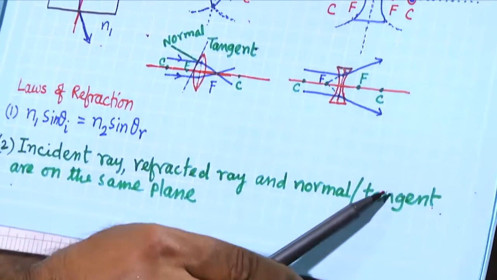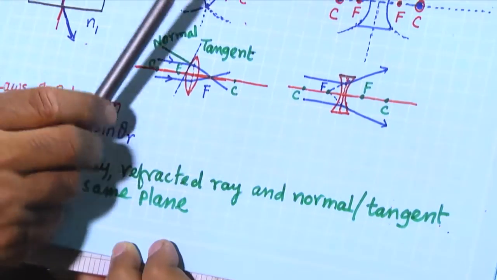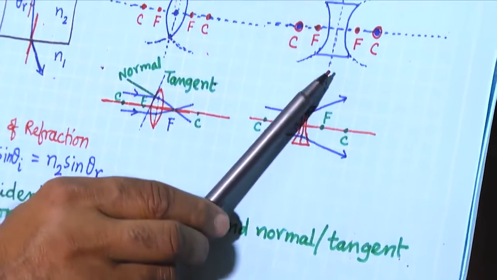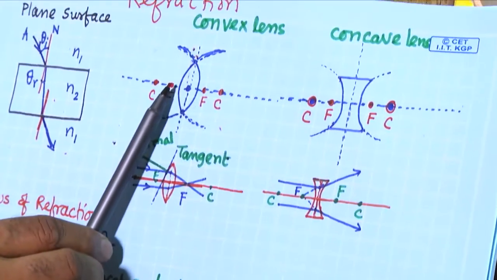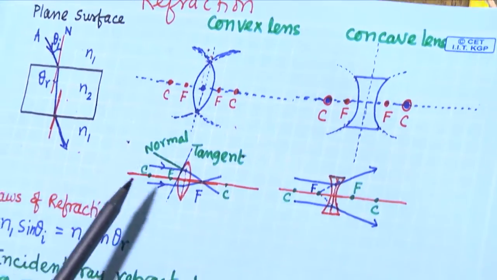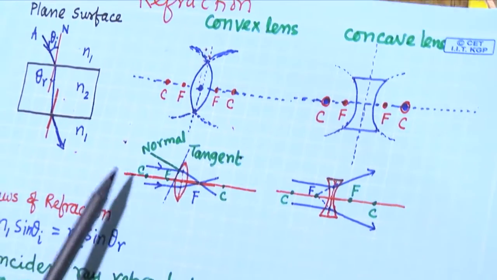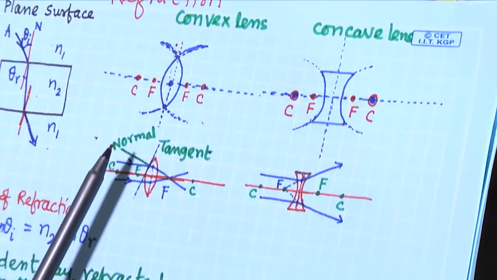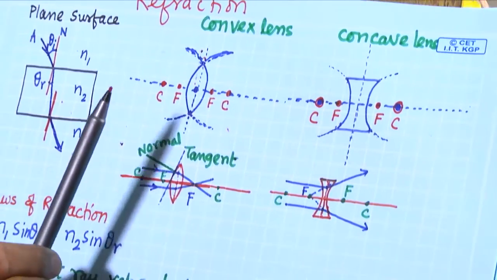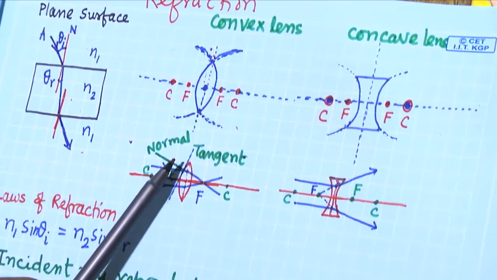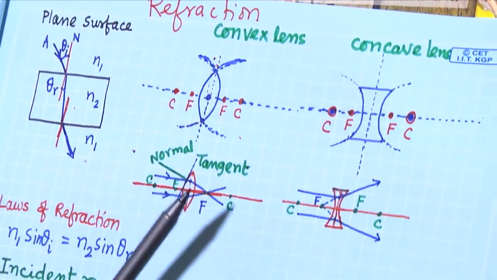In the case of a convex lens and concave lens, the surface is curved. So, here also in the ray diagram we draw incident rays and then refracted rays. In which direction will you get the refracted rays?